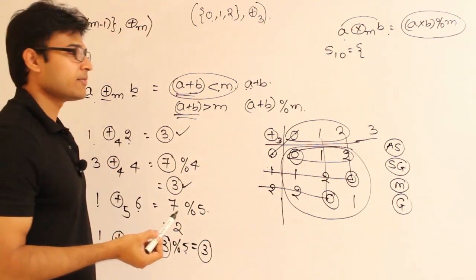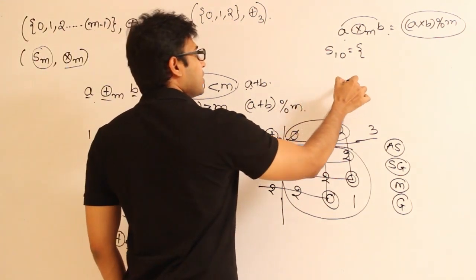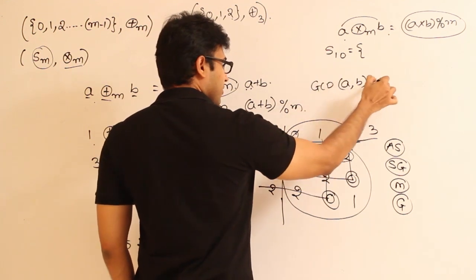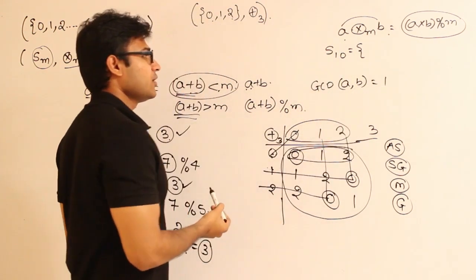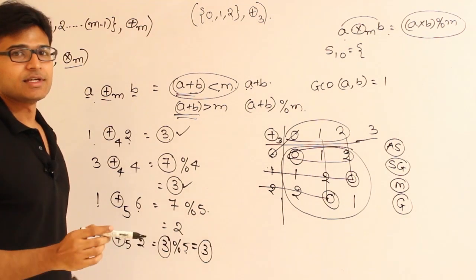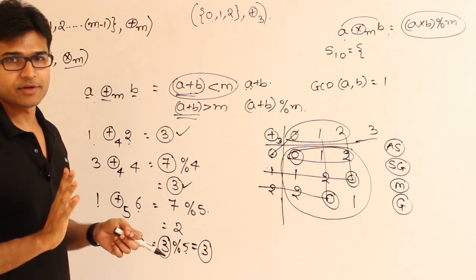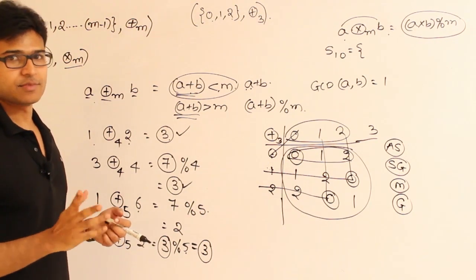What is relatively prime? Two numbers a, b are said to be relatively prime if GCD of a, b is 1, which means there should not be any number which divides both of them other than 1. That is the meaning of it.